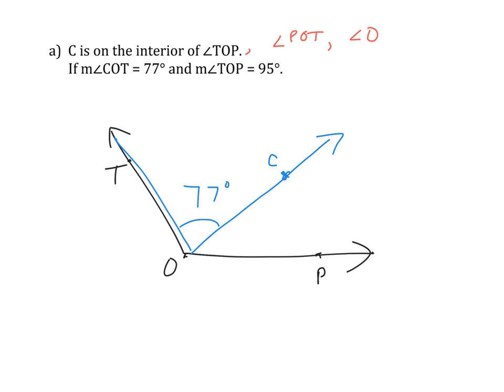So angle TOP, TOP is the entire angle. That, we're told, is 95 degrees. And I forgot to ask a question here, but the question that I meant to ask is, what's the measure of angle COP?